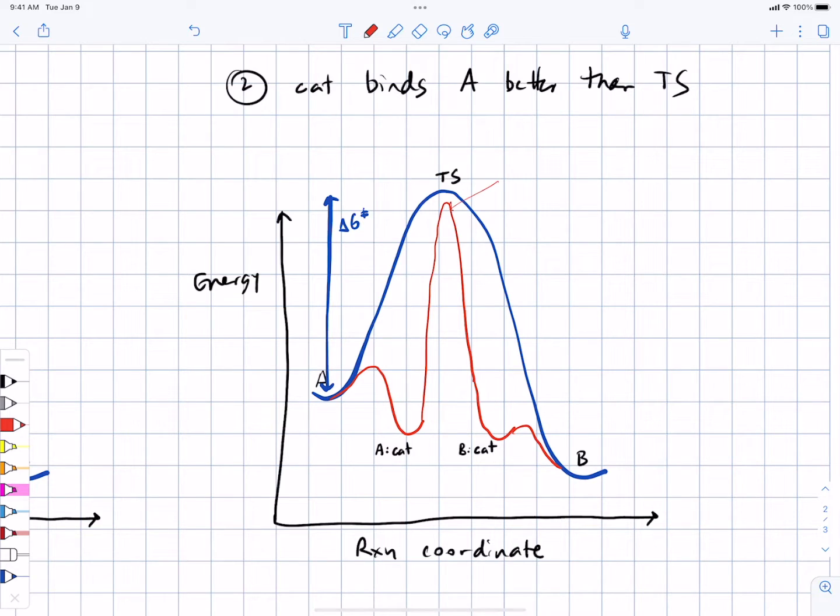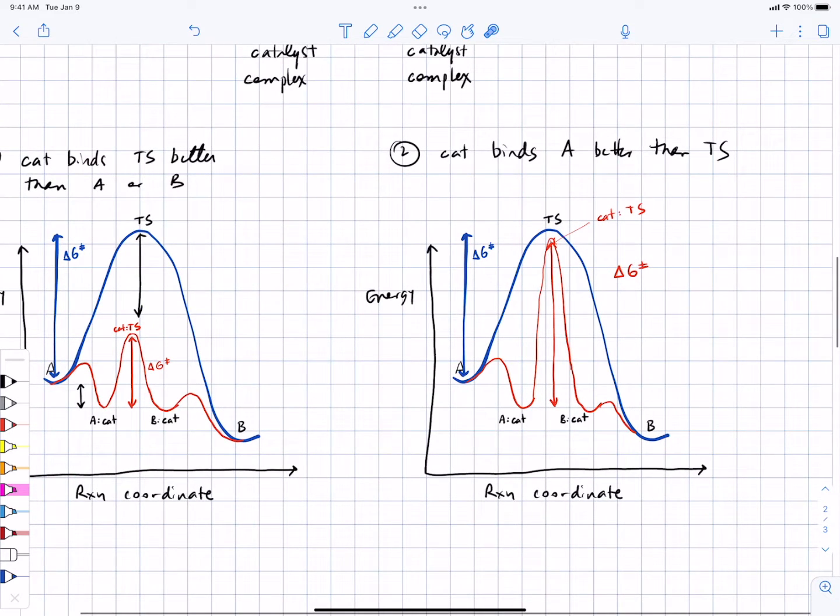This is our catalyst bound to our transition state. The activation energy for that reaction is actually greater than the activation here. So you no longer have a catalyst for the reaction. You have something that slows the reaction down. It's actually worse than the uncatalyzed reaction because you've lowered the starting material in energy, but you haven't done the same for the transition state. All right?